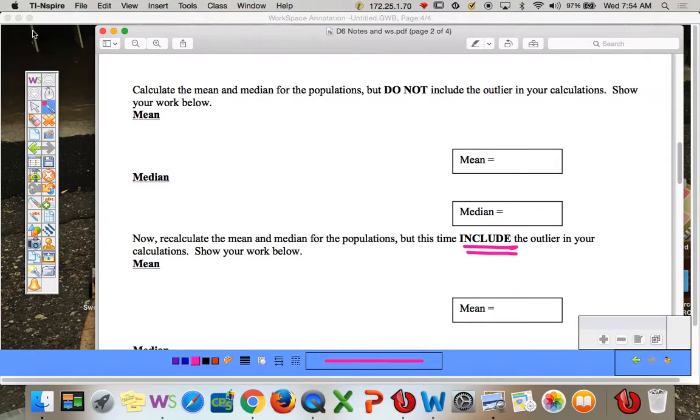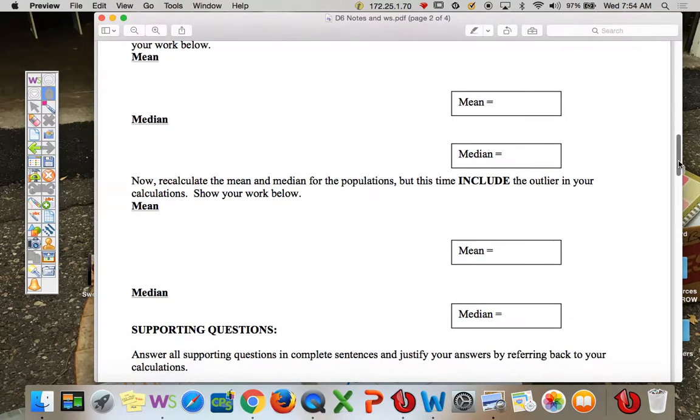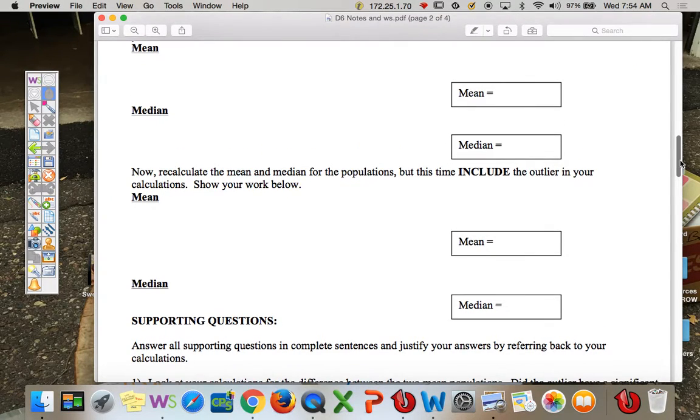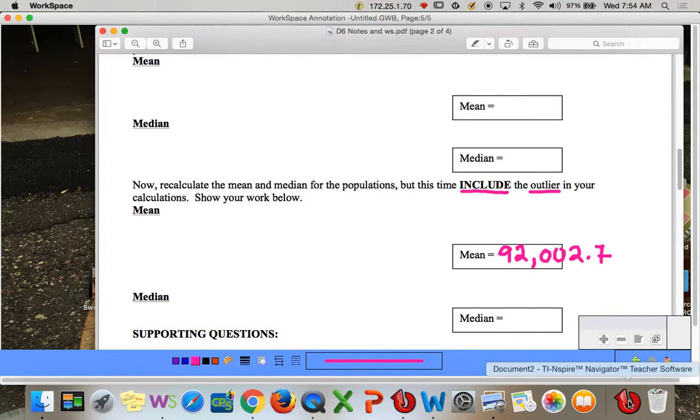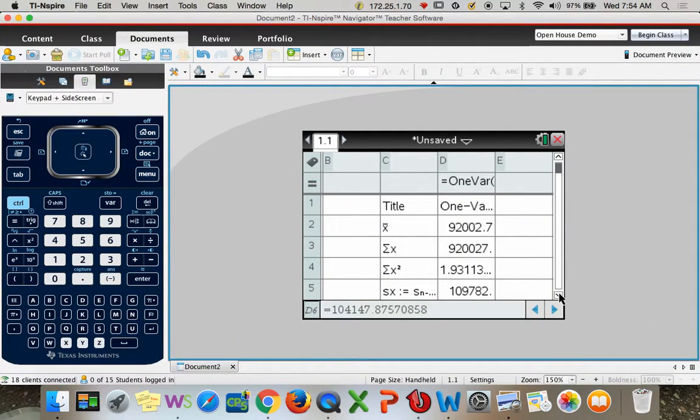I'm going to write that down right here. Move this down a little bit so I can see both. This is with the outlier, and the average was 92,002.7 for the cities. The median is 64,009.